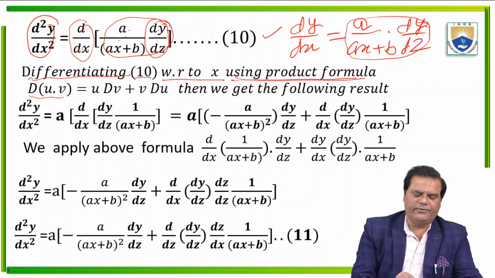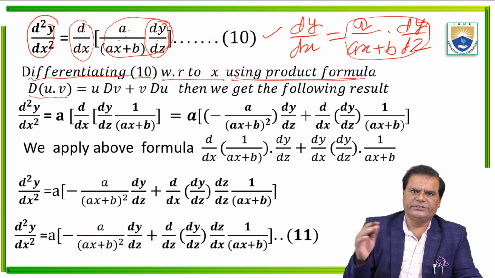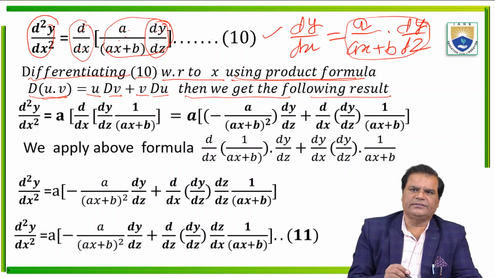What is the product formula? Differential of u into v, where u is a function of x and v is also a function of x: u constant, differential of v, plus v constant, differential of u. Then we get the following result.